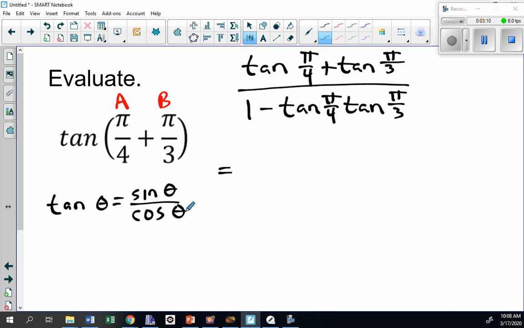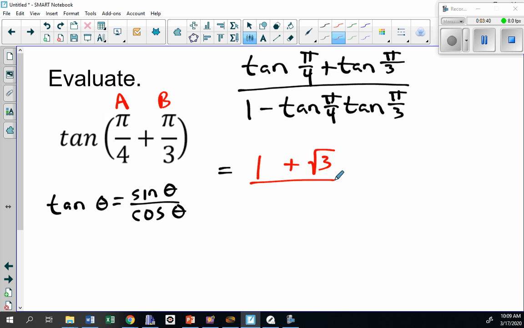So if you go back to your unit circle, look where pi over 4 is and actually do the division. I don't have enough space here to do all of those divisions. Hopefully, you remember from further back that tan pi over 4 is equal to 1. Again, using those divisions, if you look at pi over 3 and divide sine by cosine, you will hopefully find that it's the square root of 3.